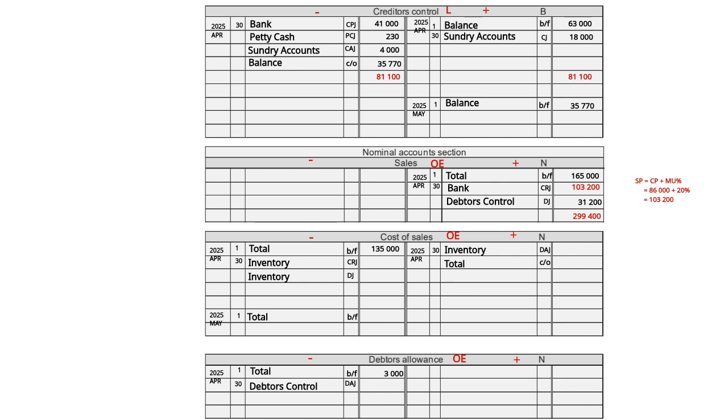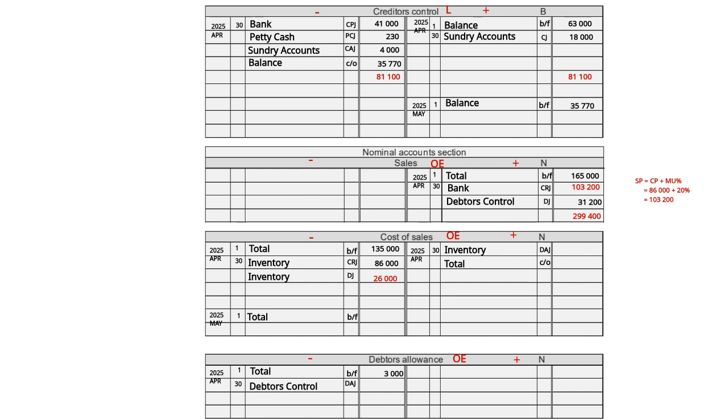Then our cost of sales ledger account. On the debit side, we have our total brought forward of 135,000. Our inventory cost of sales CRJ is 86,000 given to us. Our credit sales we worked out on the previous page as being 26,000.